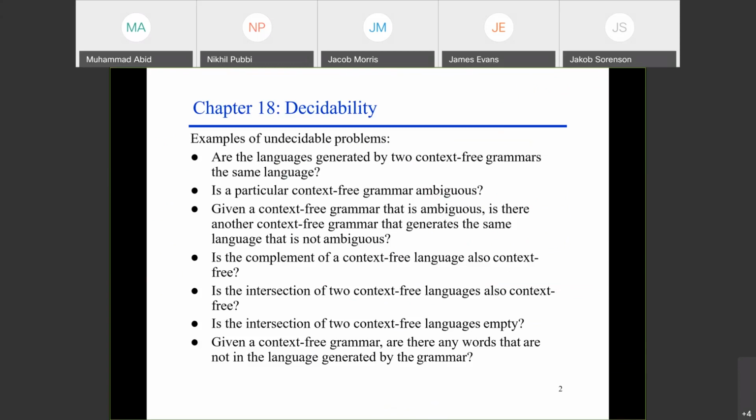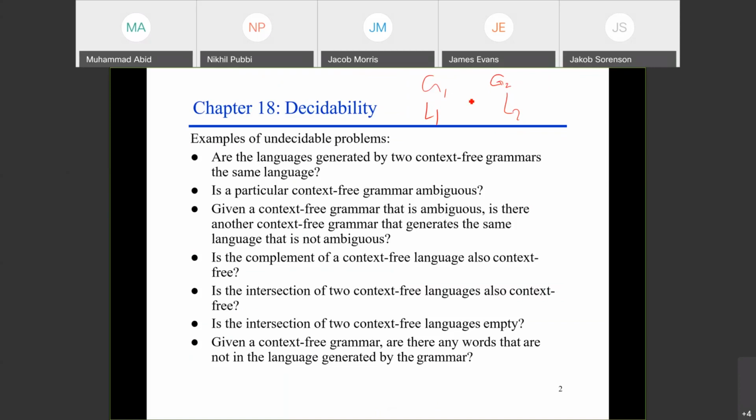These are some questions we do not have answers to. What are those questions? Are the languages generated by two context-free grammars the same? So we have two languages, language 1 and language 2, and let's say the grammar for the first is G1 and the grammar for the second is G2.